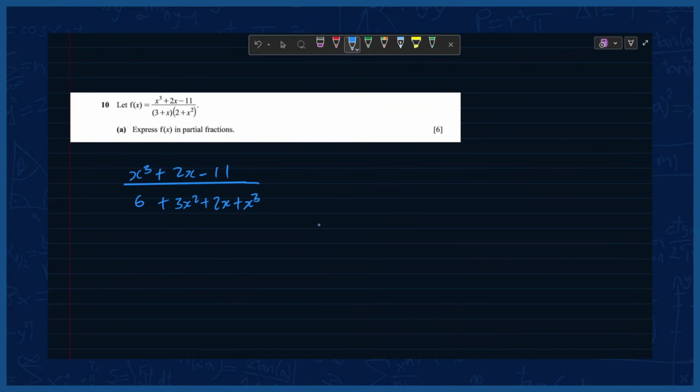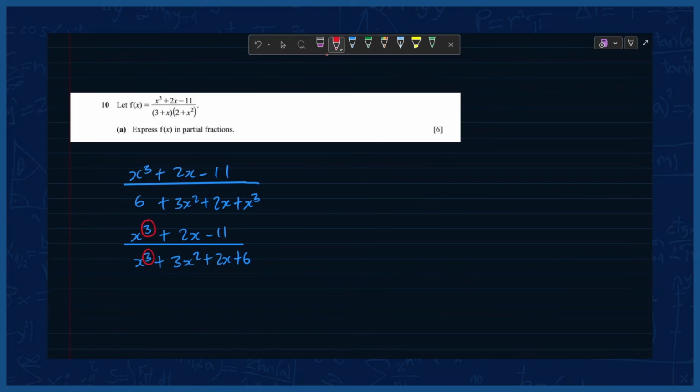And if we just rearrange this, we've got x cubed plus 2x minus 11 being divided by x cubed plus 3x squared plus 2x plus 6. And here the highest power in the numerator is equal to the highest power in the denominator. So we do have an improper fraction.